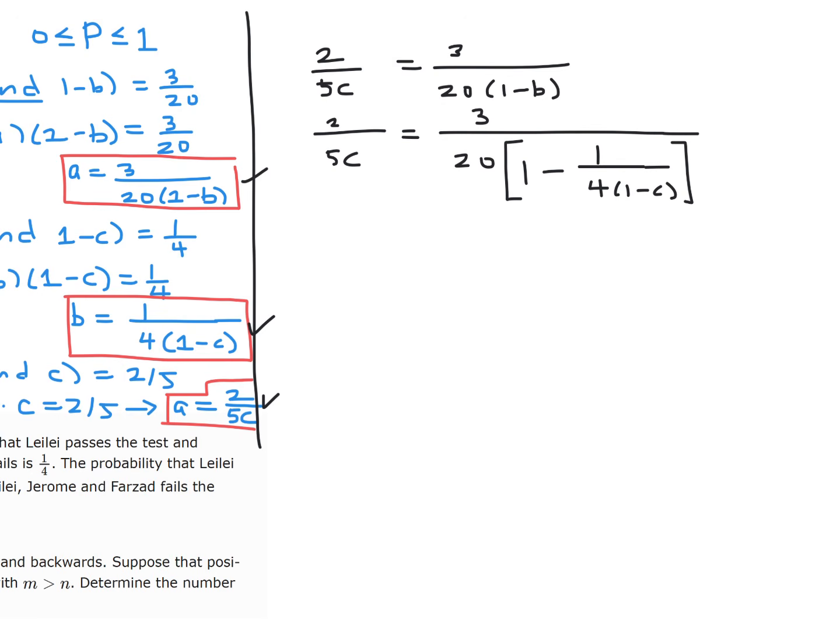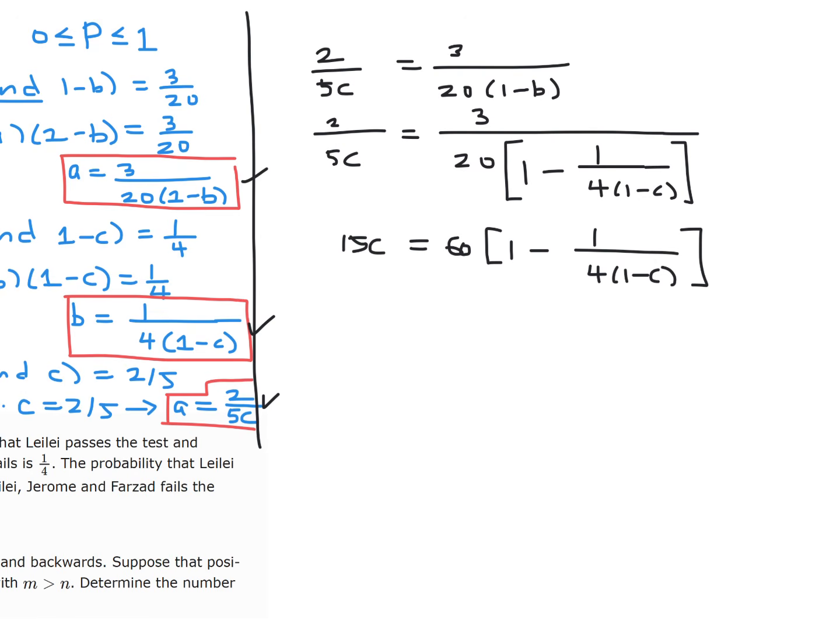I cross multiply. If I cross multiply, I get 15C on this side, and I get 60 times 1 minus 1 over 4 times 1 minus C. Correct? Okay. And then what do I do now? Let me just expand this.